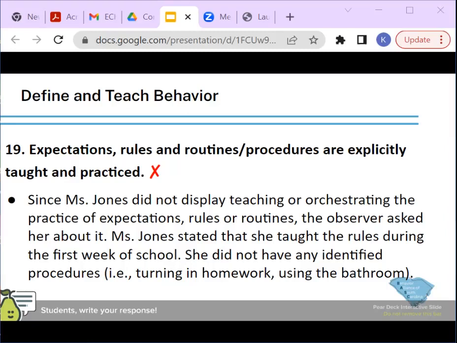Since Ms. Jones didn't display teaching or orchestrating any practice during the observation period, Ms. Herman had asked her about teaching. When do you do teaching? Have you taught? And Ms. Jones indicated that, yeah, she taught the expectations at the beginning of the school year, but that she hadn't really addressed that since then, and that she didn't have any identified procedures, such as turning in homework or going to the restroom.